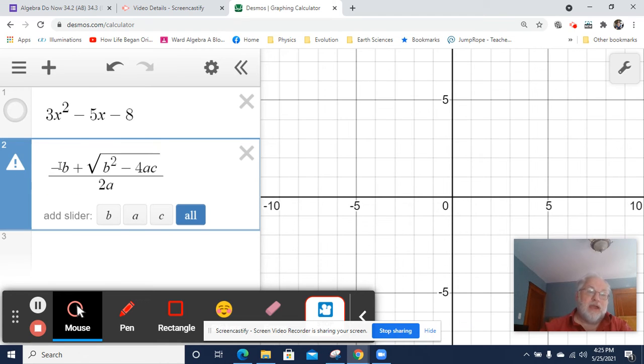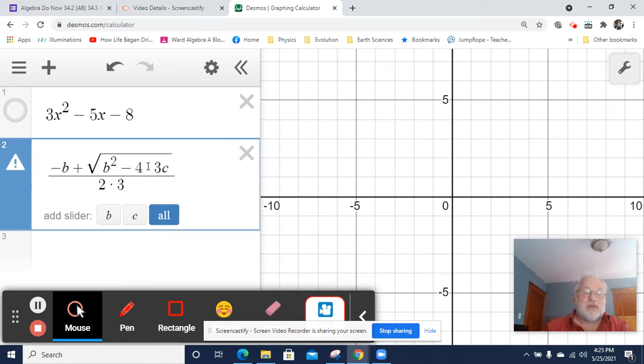Now, I didn't do the minus version. I'll do that later. So my first step is to replace the letters with numbers. So a is 3. So wherever a shows up, we're going to say times 3. B is -5.